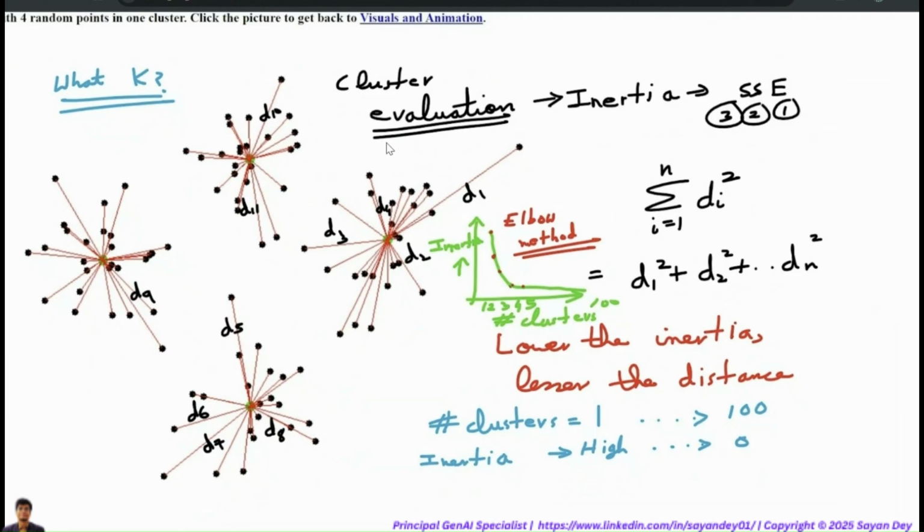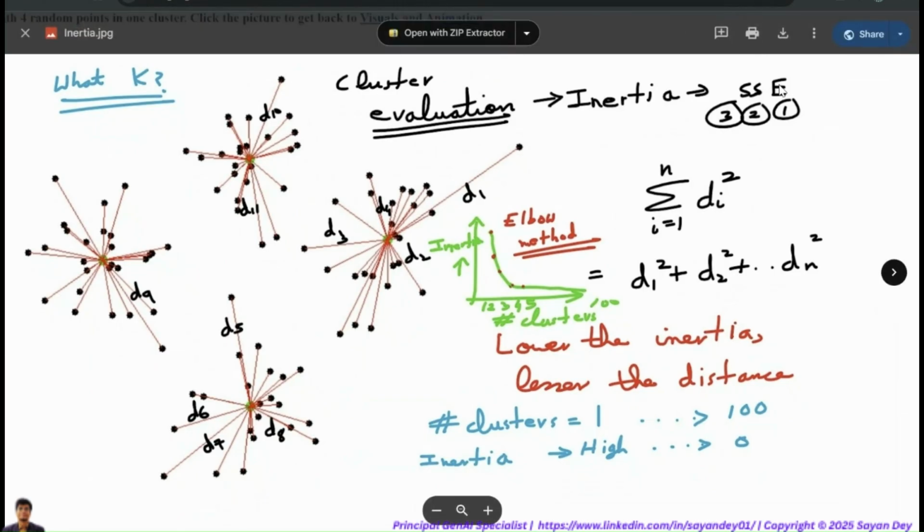And what is inertia? Inertia stands for SSE, which is nothing but sum of square errors. First we calculate the error, then we square the error, and then we calculate the sum of the squared errors. This is the 3-part process we are following.